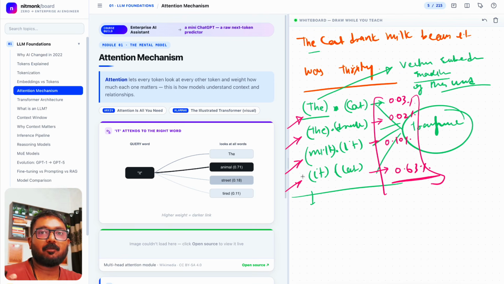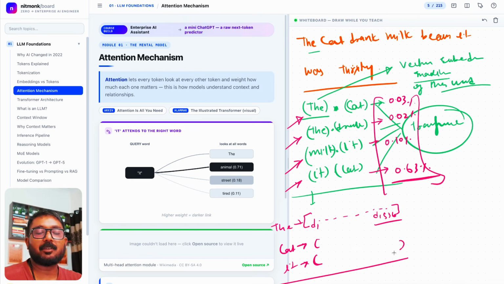These combinations are the dot product of two different vectors, or two different embeddings, each having numbers from D1 to D1536, say. Dog will have these, cat will have these, "it" will have these.